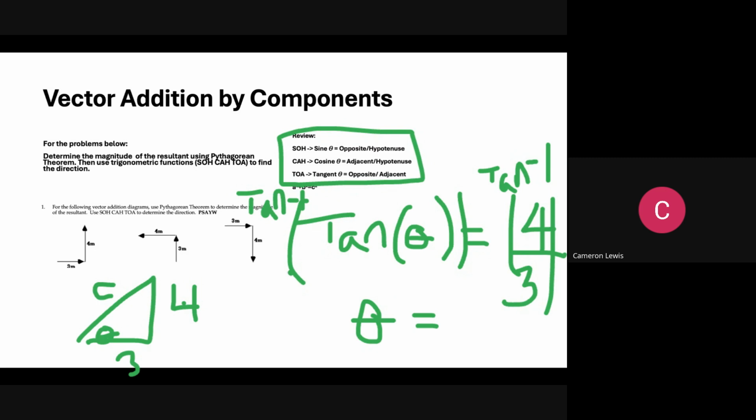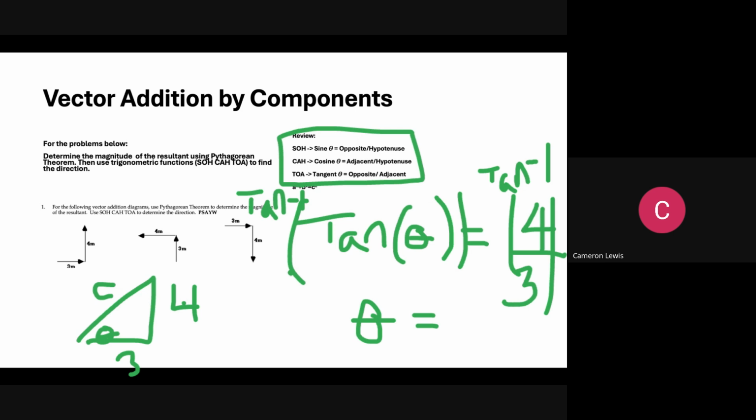If you have an iPhone, take your calculator, turn it sideways, and press the second button. Once you press it, you should see all the inverse trigonometric functions pop up. Then I want to do 4/3 on my calculator, and then press inverse tangent or arctangent.